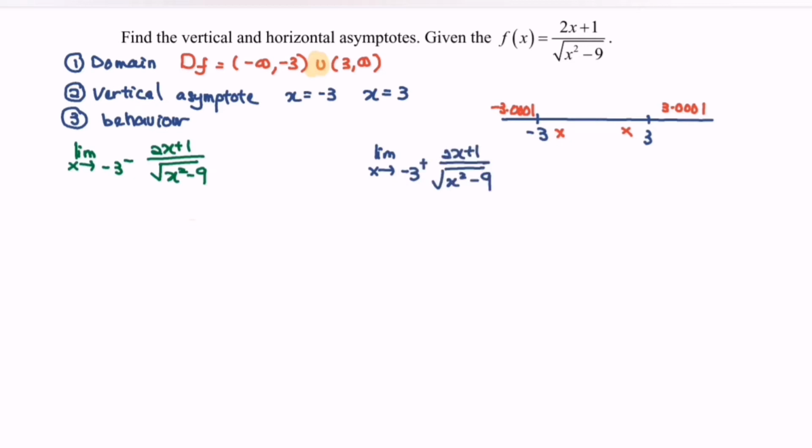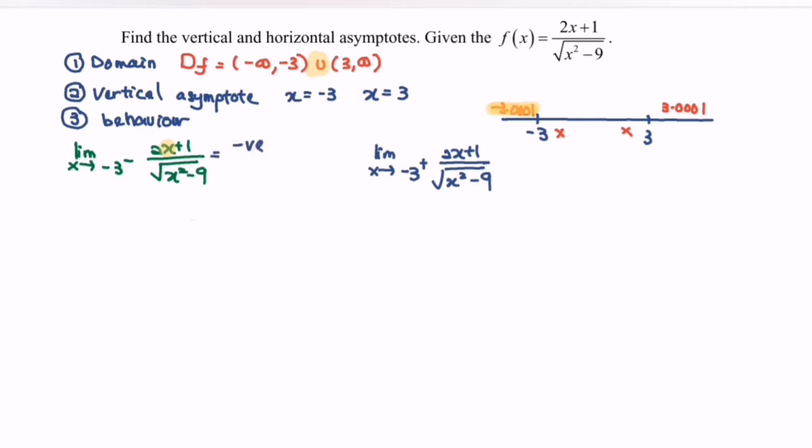First, we substitute the value. For the numerator, we have a negative value plus 1, so a negative value.